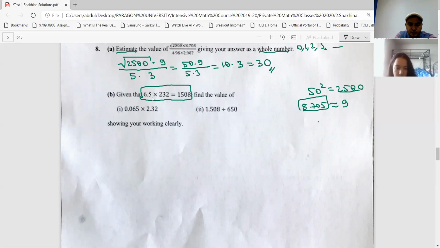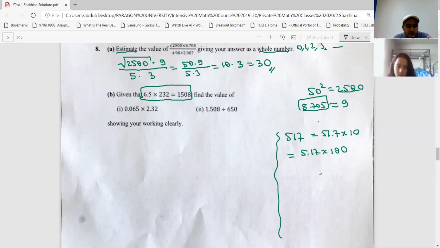Okay, how do we shift the decimal point, Shahina? Either by multiplying by 10 or dividing by 10, right? Let me give you some examples. Let's say I have 517. I can write it as 51.7 times 10, or as 5.17 times 100, or as 0.517 times 1,000.